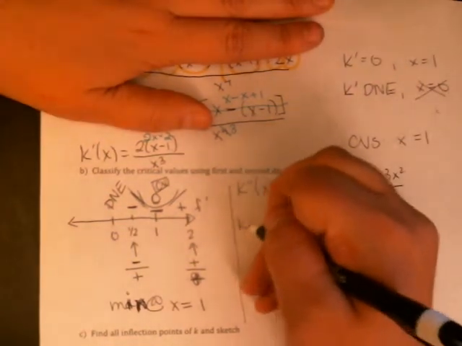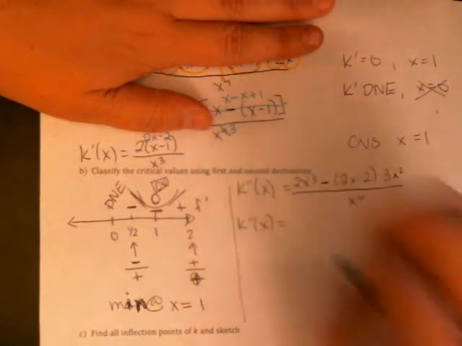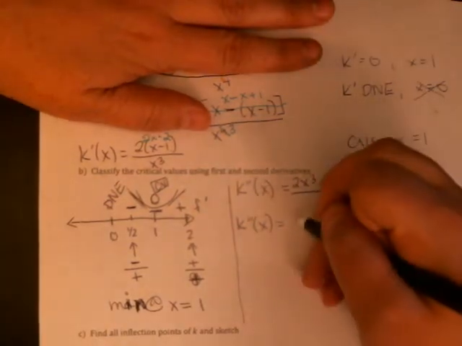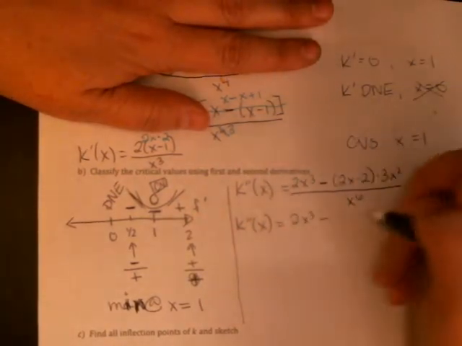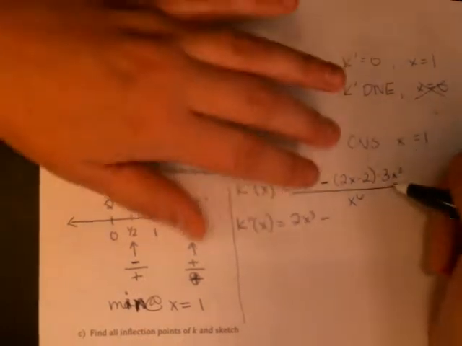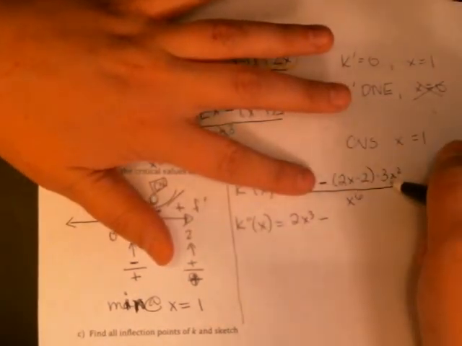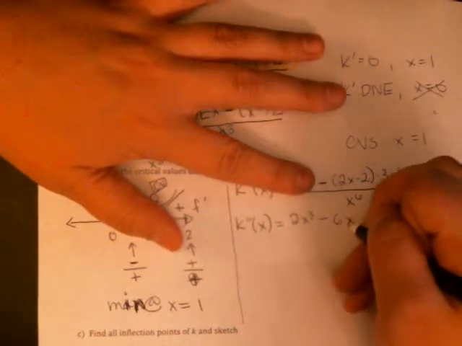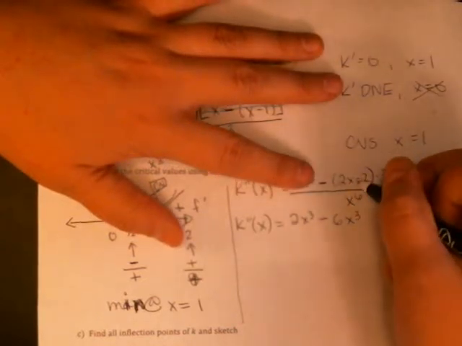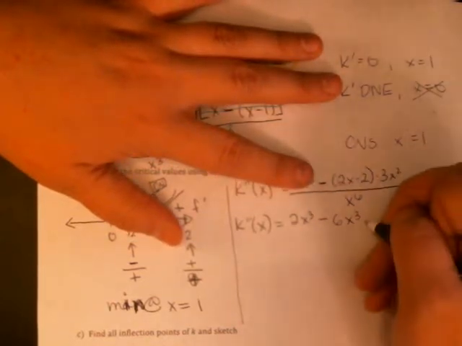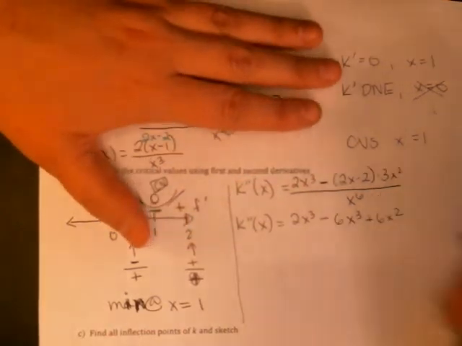So this isn't really terribly bad, but it does seem like I'm going to end up going through a little bit more work. Okay, so I have a 2x cubed minus, let's see here, minus 2x times 3x squared. So minus 6x cubed, and then plus 2 times 3x squared, so plus 6x squared.